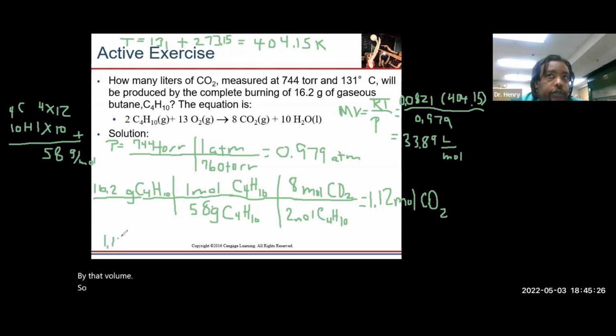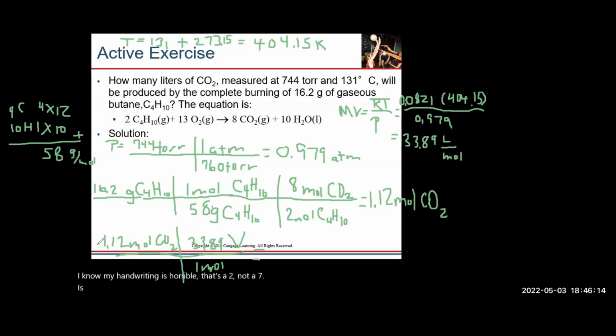So 1.12 moles of CO2 times that molar volume, 33.89 liters for 1 mole, and then that equals... I know my handwriting is horrible. That's a 2, not a 7.